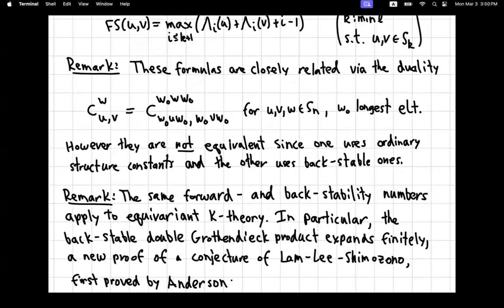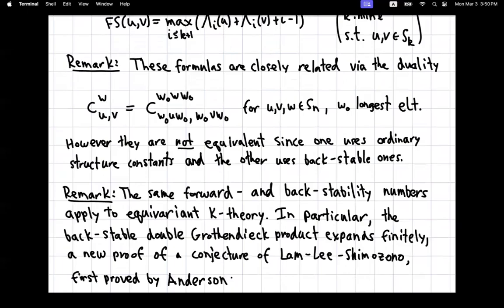Okay, a second remark is I've been talking about ordinary cohomology, just ordinary Schubert polynomials. But if you take the same definitions of forward and back stability numbers for equivariant cohomology, ordinary K-theory, or equivariant K-theory, we get exactly the same formulas for those two numbers.